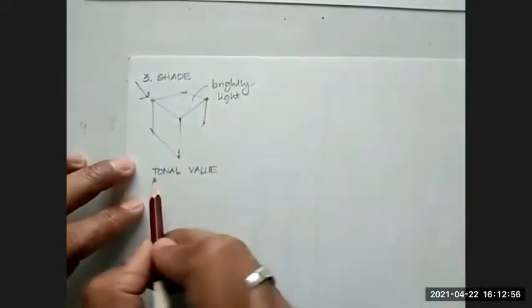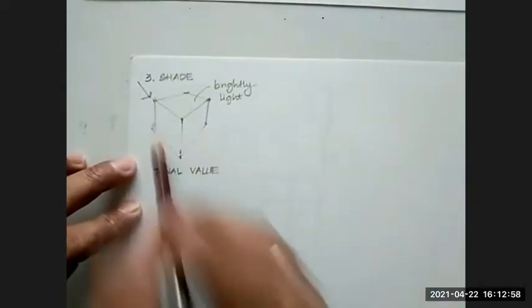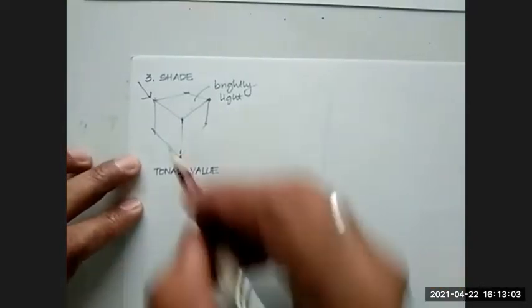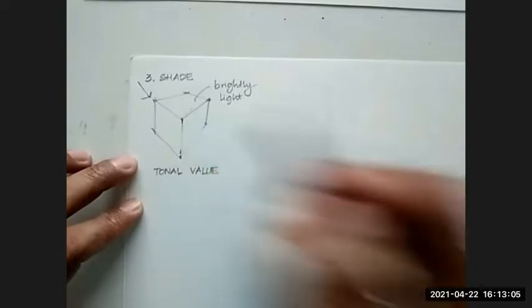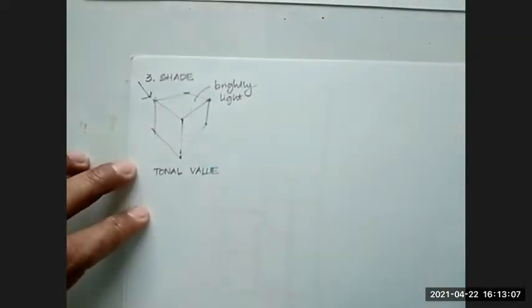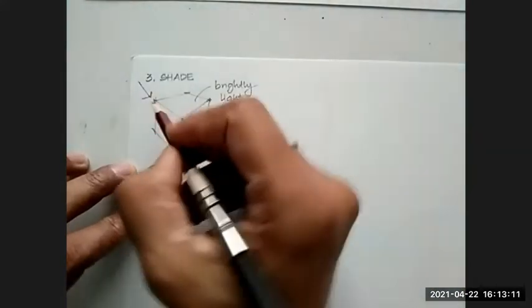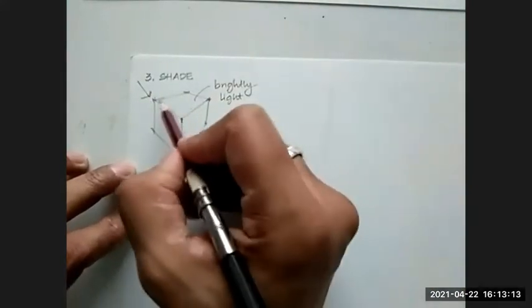And when I say this front face can be any of the middle tones, and this also can be one of the middle tones or can be one of the darker tones. So let us implement that. I will consider 3 tonal values over here.